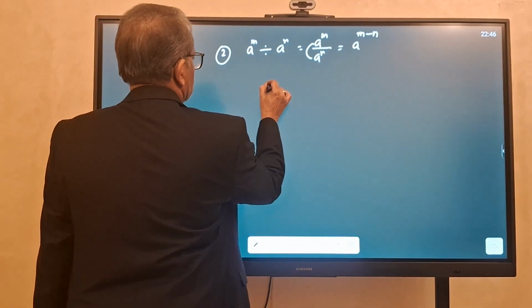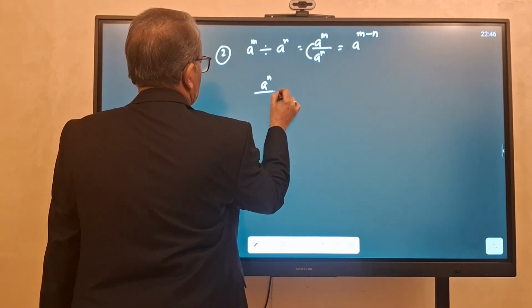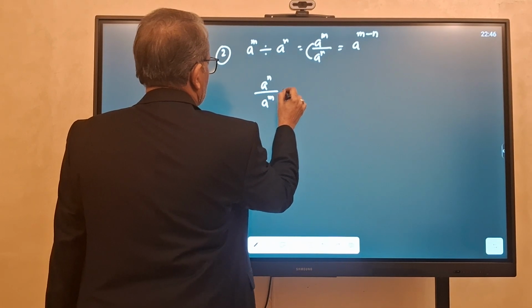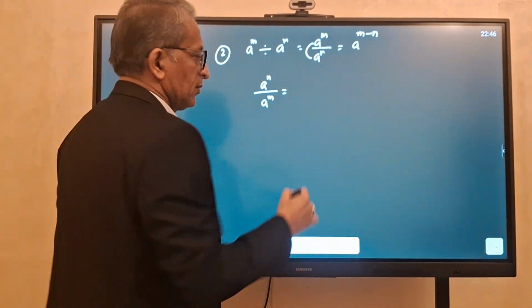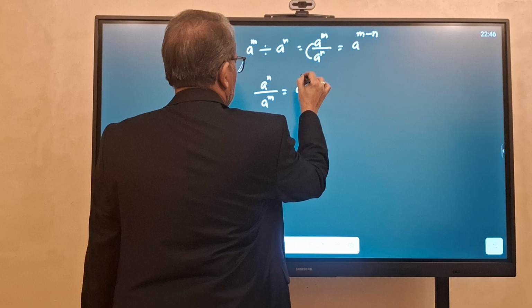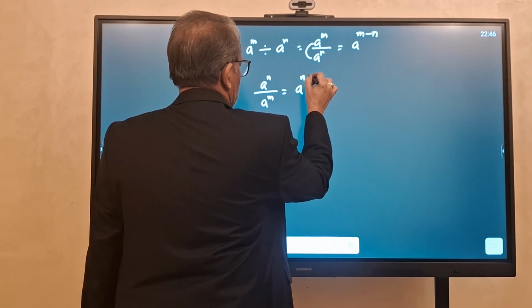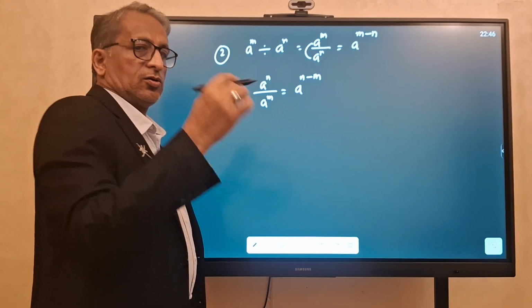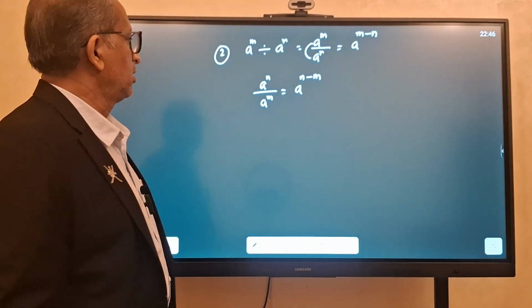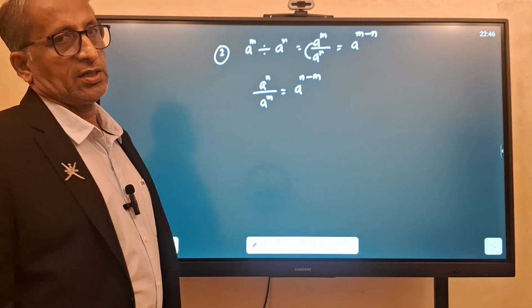Another example: if I apply the formula for a^n / a^m, then it becomes a to the power of the numerator power, and then the denominator you have to change the sign. That is plus m becomes minus m.